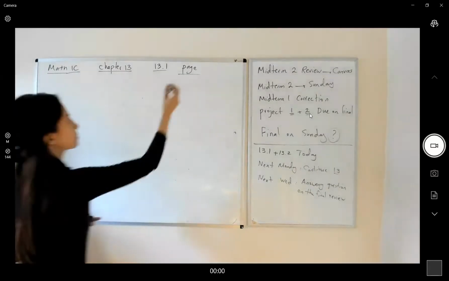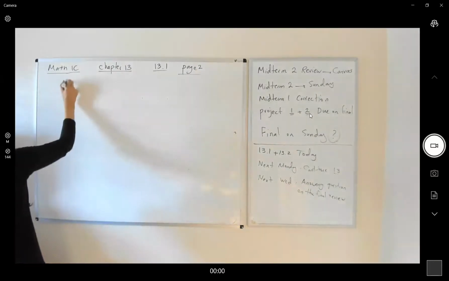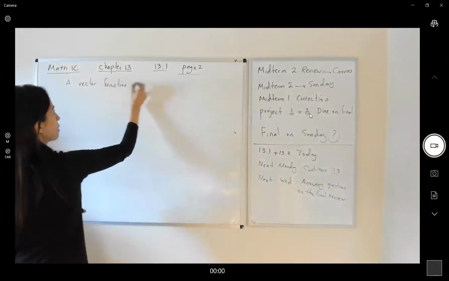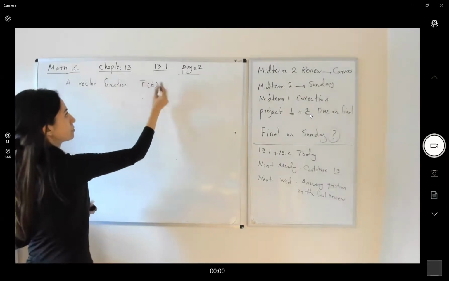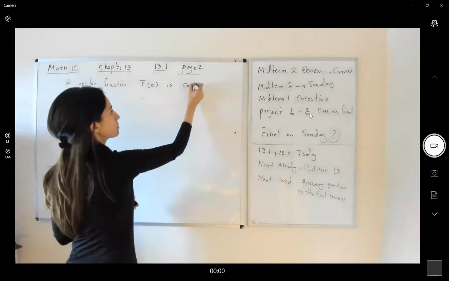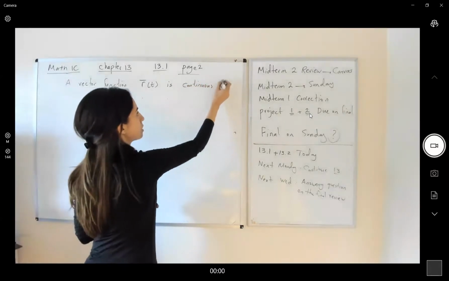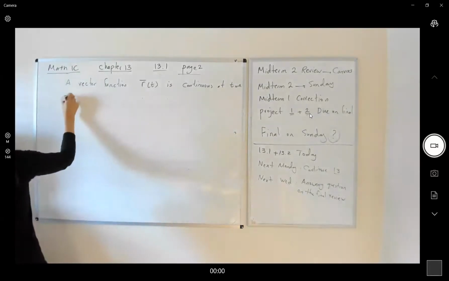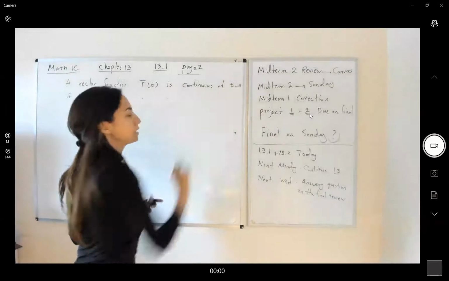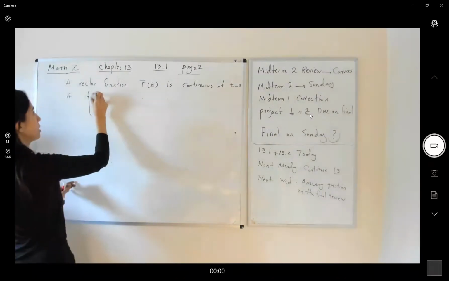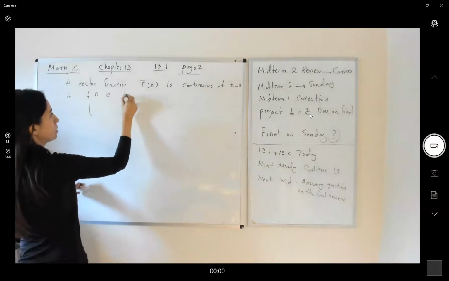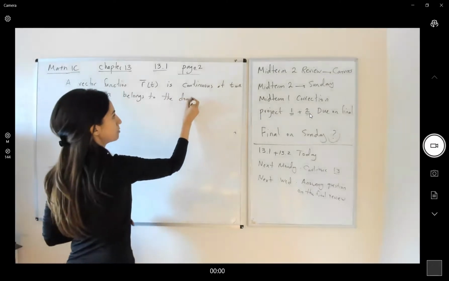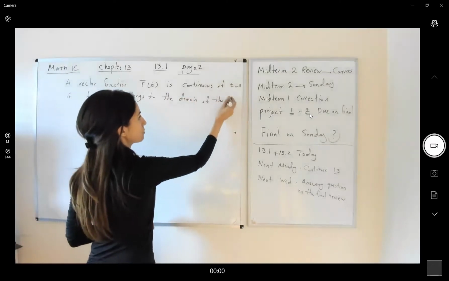So a vector function like r of t is continuous at a point t equals a if, first of all, a belongs to the domain of the function.